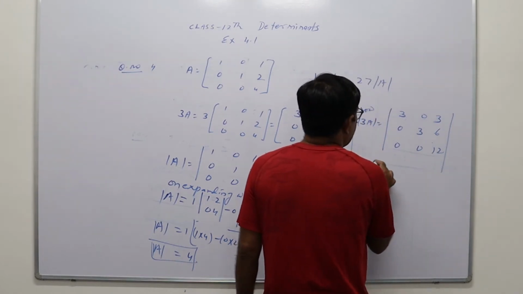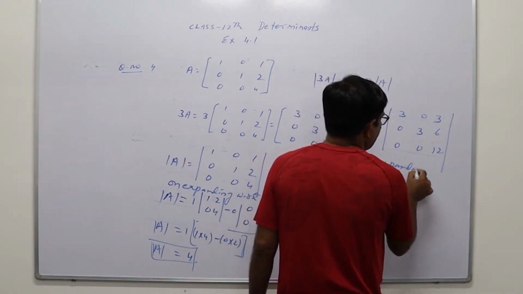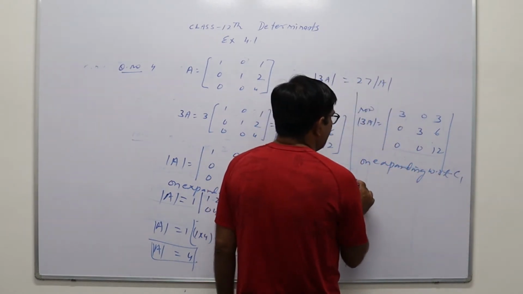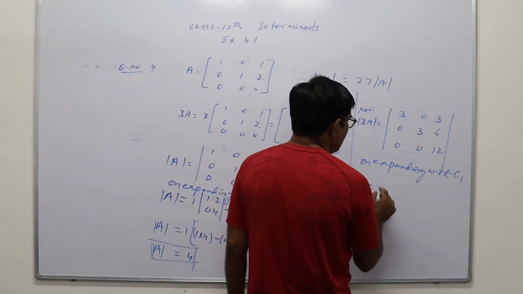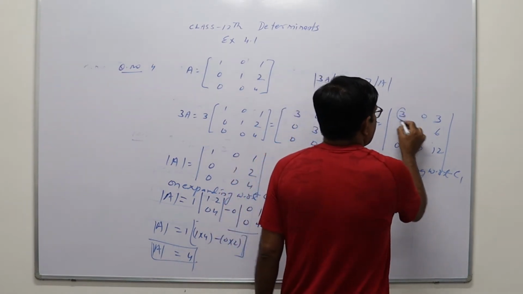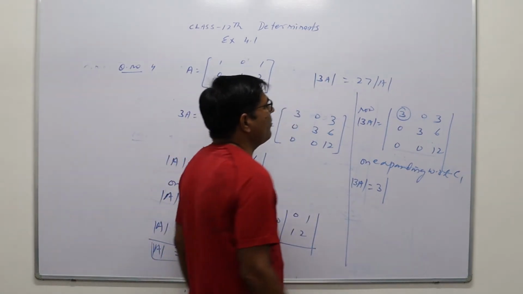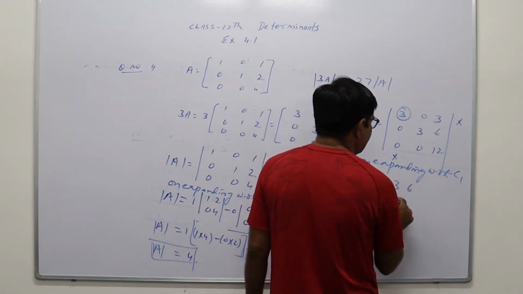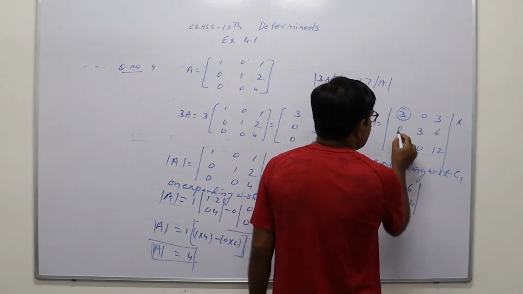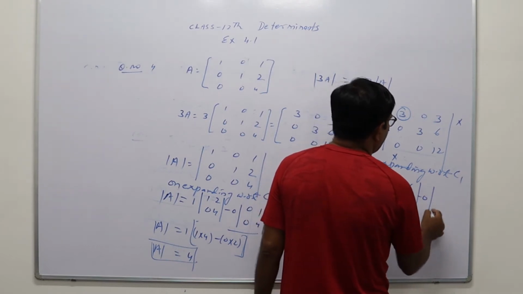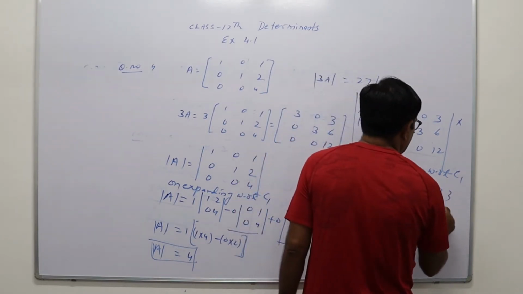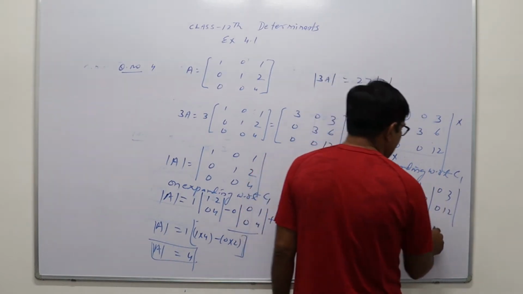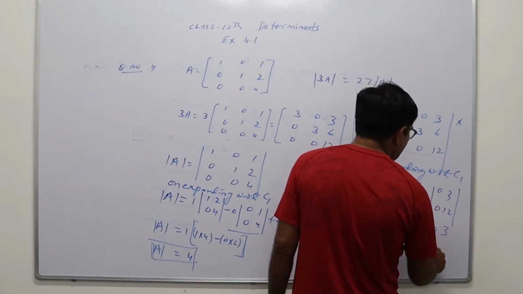Again on expanding with respect to column first, determinant of 3A will be equal to 3 into the determinant of the remaining elements 3, 6, 0, 12 when we leave the first row and first column, minus 0 into 0 3 0 12, then plus 0 into 0 3 3 6.